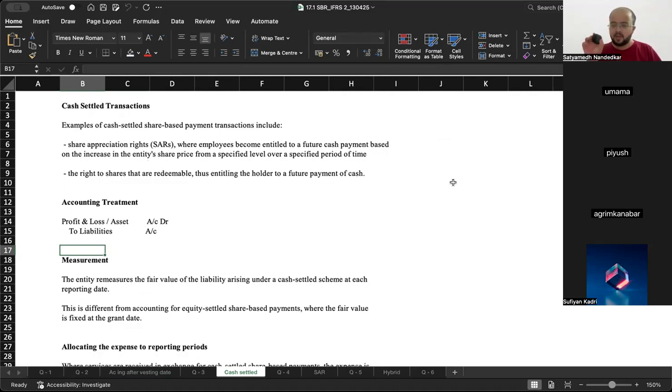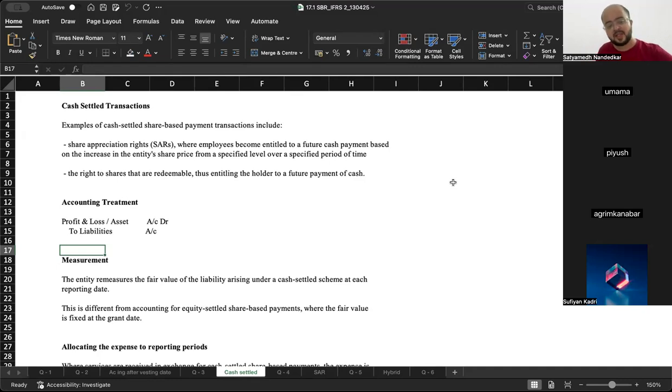I will tell you that, Piyush, whatever is the difference between the fair value of these earphones today and, say, on 31st of December, whatever is the fair value, the difference amount will be given to you in the form of cash. So I am not giving you the earphones. What I am doing is I am giving you the cash equivalent of the difference in fair value.